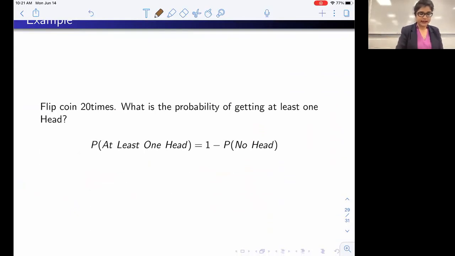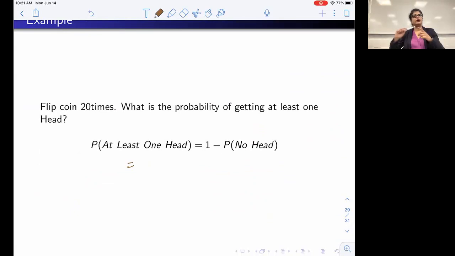If you flip the coin 20 times, what is the probability of finding at least one head? You use the same rule: the probability of at least one head equals 1 minus the probability of having no head. There is only one option with no head: each experiment has to be tail.